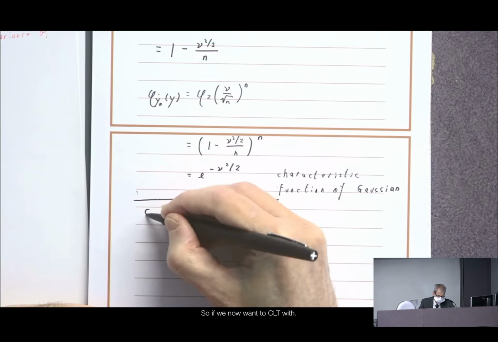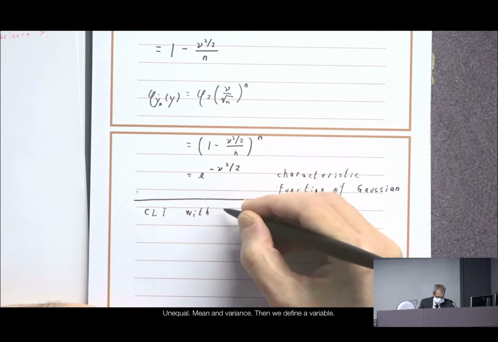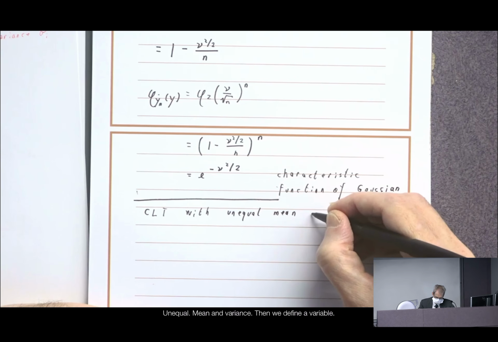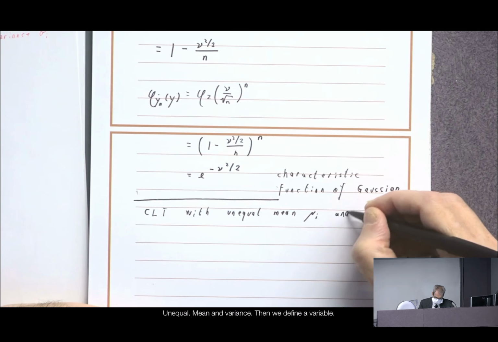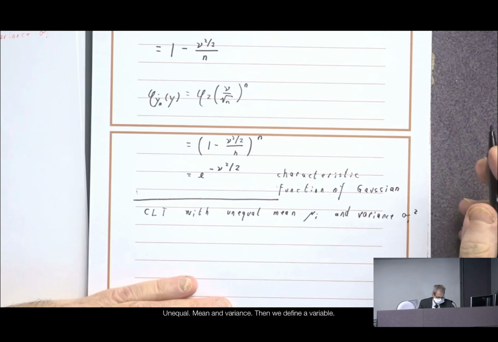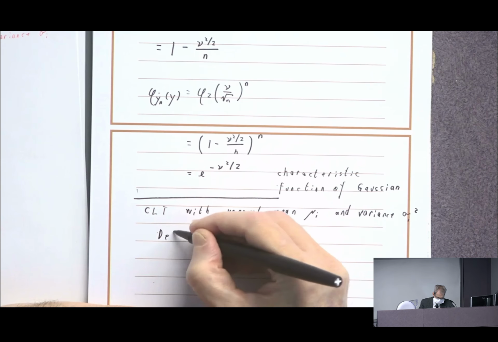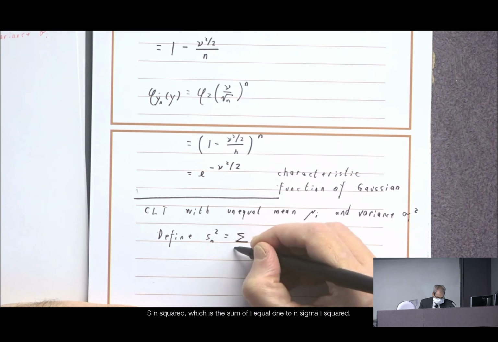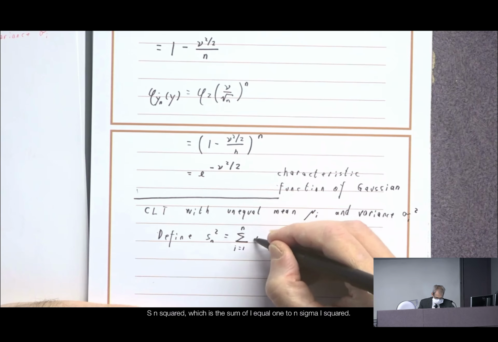So if we now want the CLT with unequal mean and variance, then we define a variable Sn squared, which is the sum from i equal 1 to n of sigma i squared.